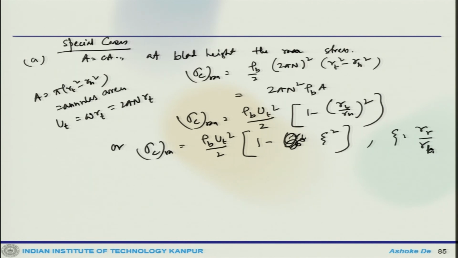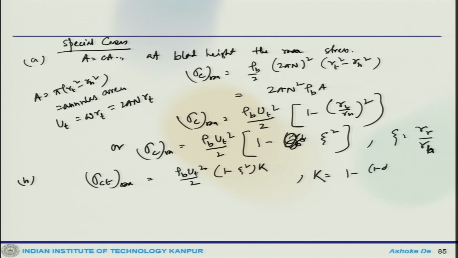Now, the other case could be a linear variation of the cross section area with radius, where sigma c max could be rho b u t square by 2, times 1 minus xi square, times k, where k is a factor, 1 minus d times 2 minus xi square, divided by 3 into 1 minus xi square.